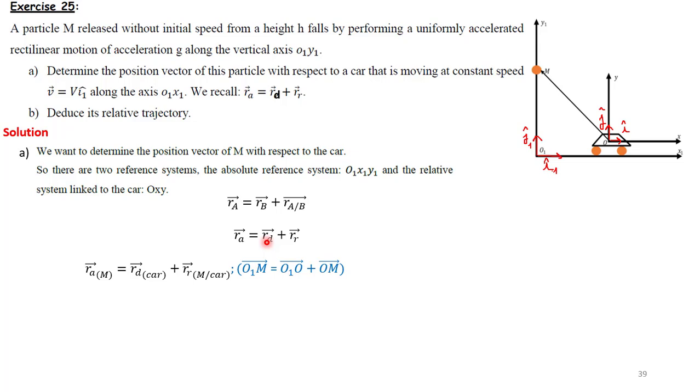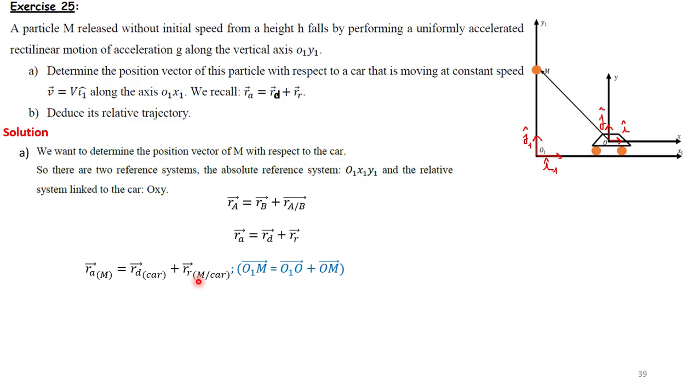D refers to driving motion, and the driving motion is related to the moving frame, and our moving frame is the car, so we can specify that RD is for the car, plus R relative.